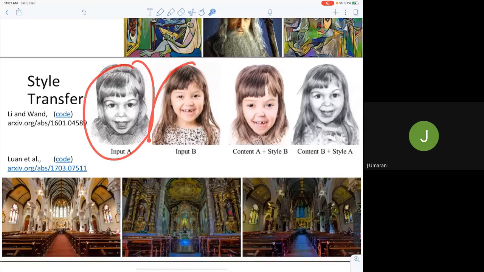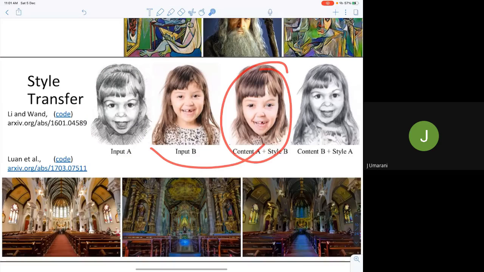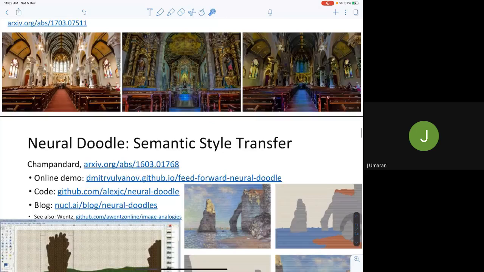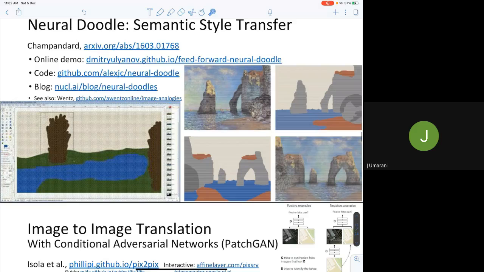Similarly, you can generate a doodle like this. A doodle is when you take a pen or pencil and do some random stuff. It is a very rough sort of image that you are giving, and from this I can generate original, actual images for you. That is semantic style transfer.